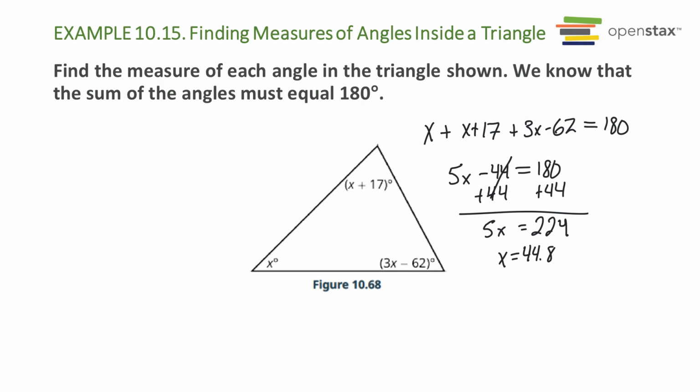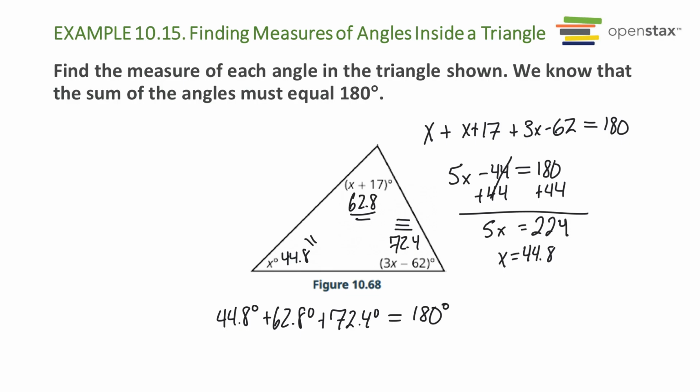And so if we plug x back in, we get 62.8 for this, 44.8 for this left-hand angle, and 72.4 for this other angle here. And if we add all those together, 44.8 degrees plus 62.8 degrees plus 72.4 degrees, that ends up equaling 180 degrees.